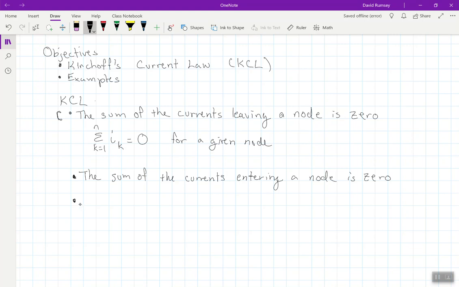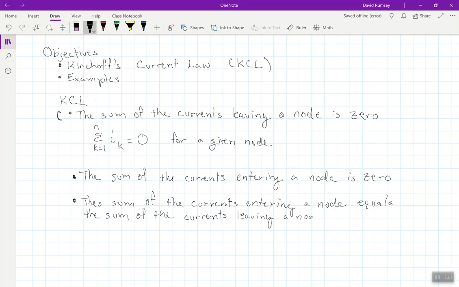This third way to think about it is that the sum of the currents entering a node equals the sum of the currents leaving a node.